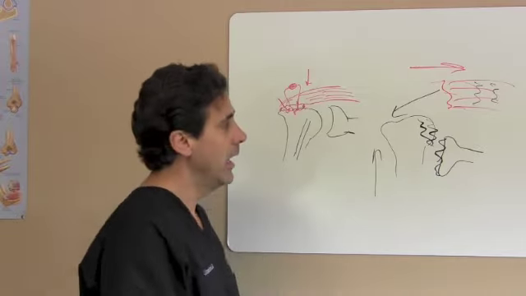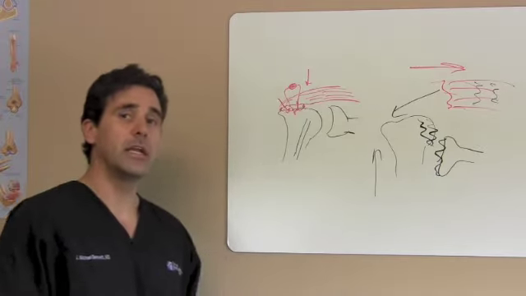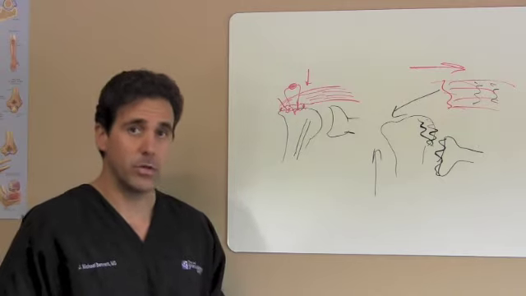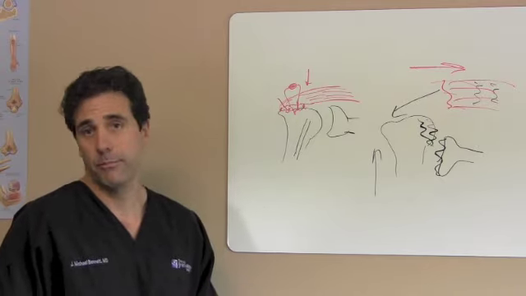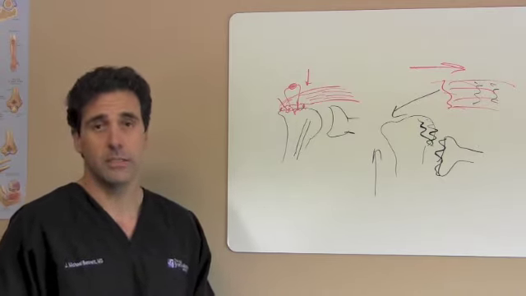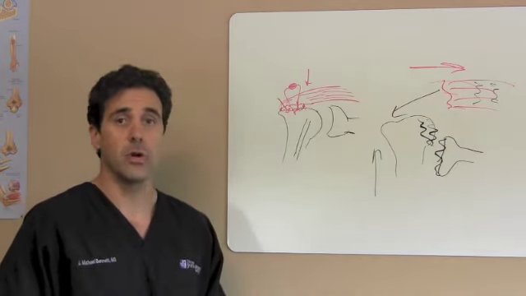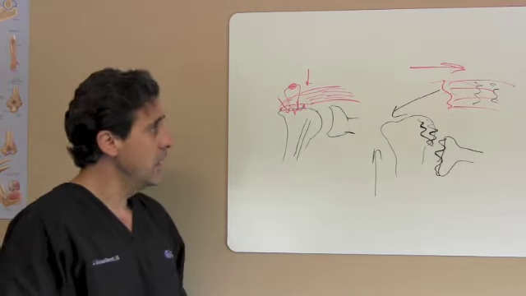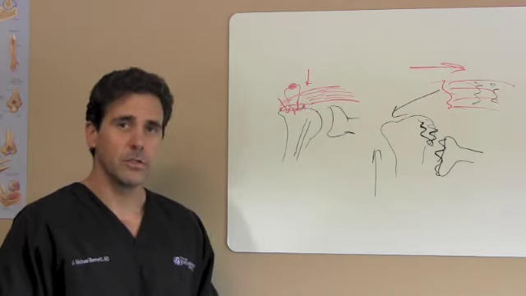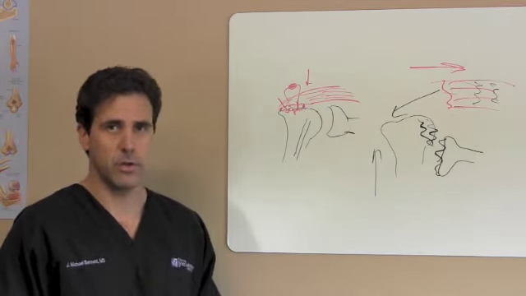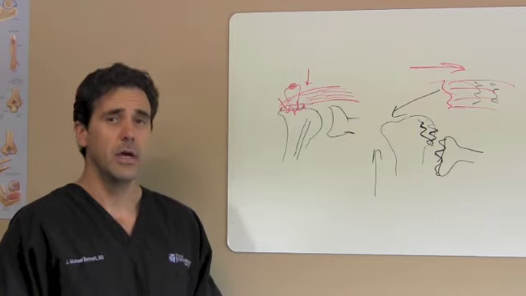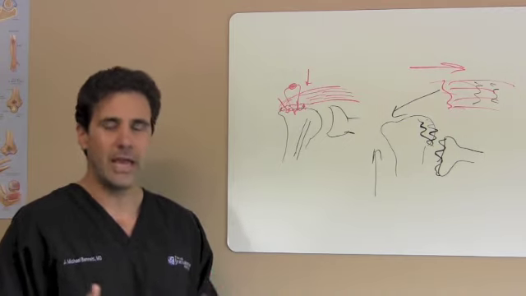But you have to be evaluated, and I'd recommend seeing an orthopedic surgeon, particularly one with sports medicine experience, who can tell you about that and what your options are. So in a nutshell, that really covers some basics in rotator cuff repair. Hopefully that gave you a little bit of guidance.